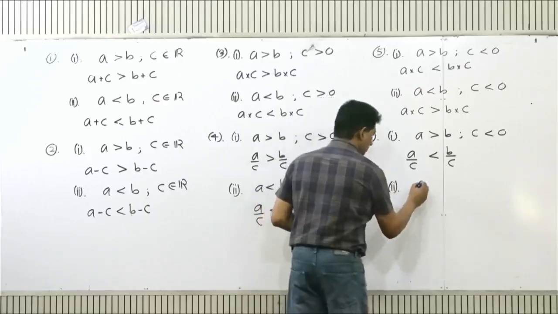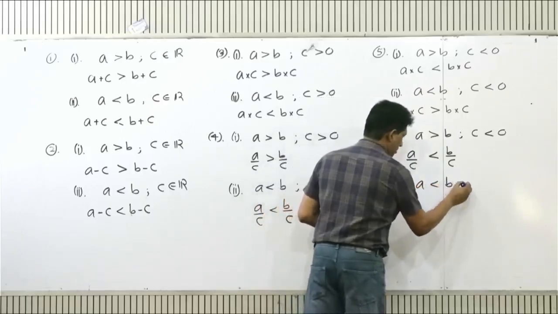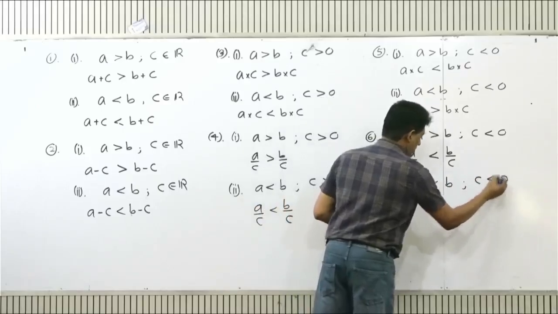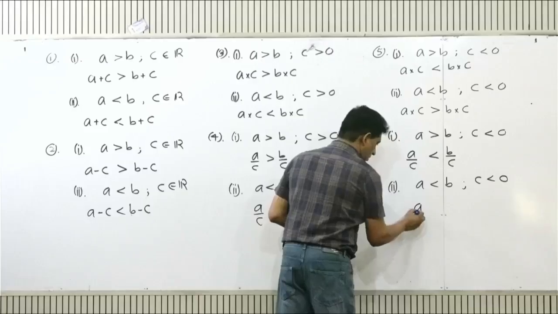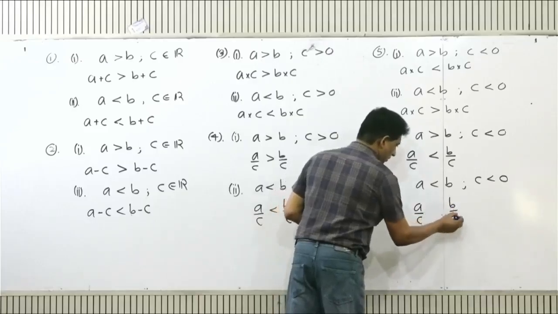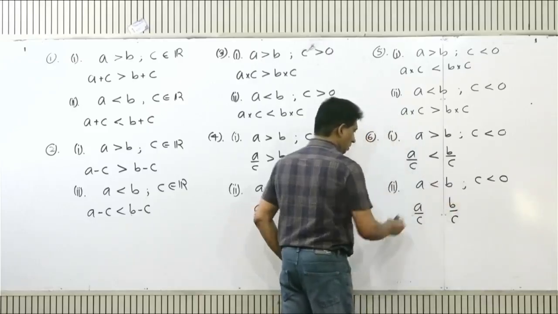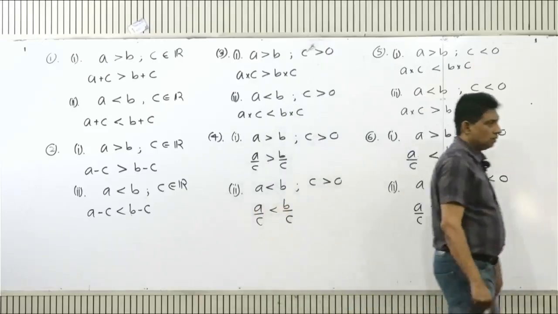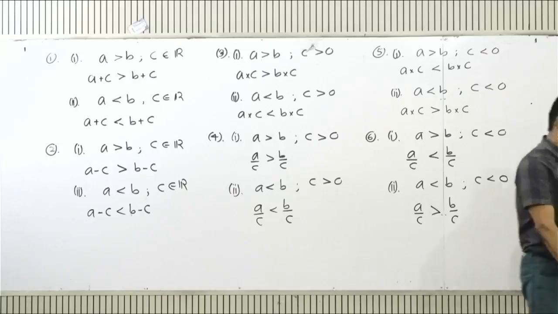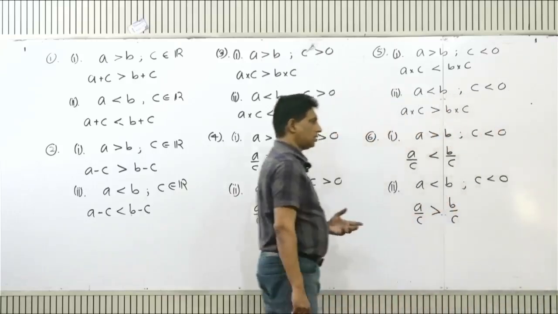Second one, A is less than B, C is less than 0. We can divide both sides by the same negative real number, then the inequality mark changes. These are the basic inequality laws.